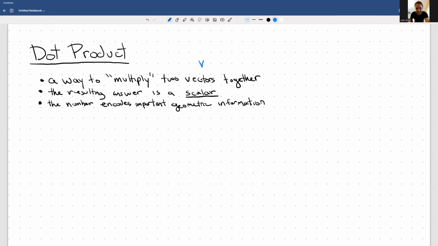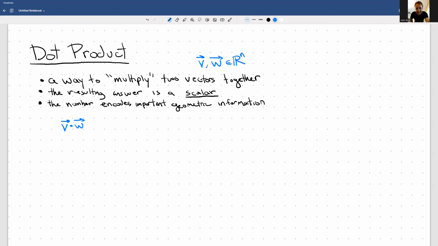So let's call them v and w. And these are going to be vectors in R^n, so n-dimensional space. And then we're going to multiply them together using this dot product. And when we multiply them together, we will write that as v dot w. And when I read this out loud, I'll read it as v dot w, as opposed to v times w or something like that.